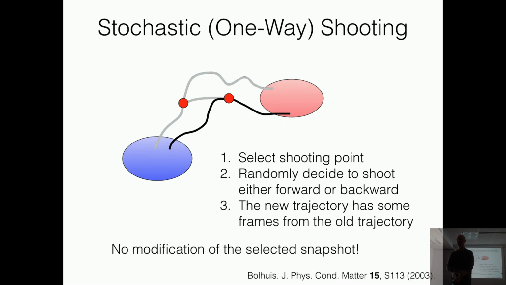So what's exactly driving this? Again, the picture here is that what we would love to do would be to go directly in steps of 5 picoseconds or whatever our save frequency is. But that we cannot do.